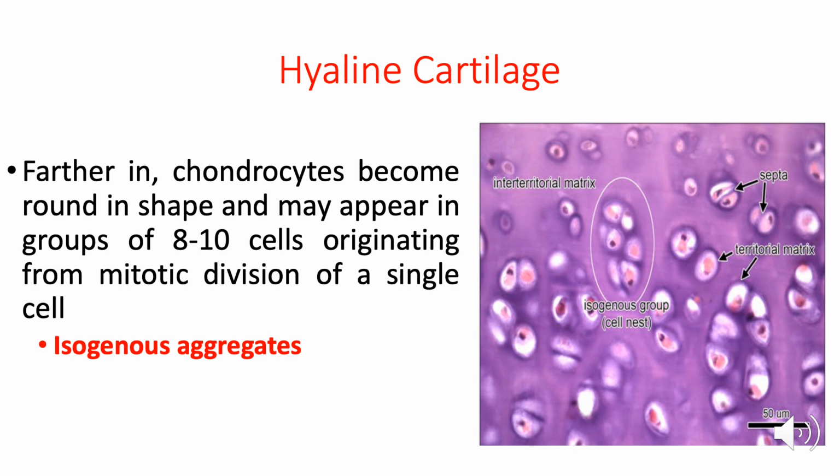So just like what I've told you, farther in, the chondrocytes will become round and they will multiply and produce several chondrocytes, and they will form isogenous aggregates which are composed of 8 to 10 chondrocytes. Shown in the picture are examples of isogenous aggregates or isogenous cell groups.